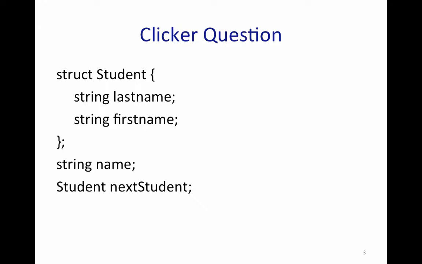It's like associating a variable with a file string. That's a good way to think of it. So it's associating a variable, in this case, with a certain kind of object. Here you're saying next student should be basically an object. You can think of student as an object that contains these elements.